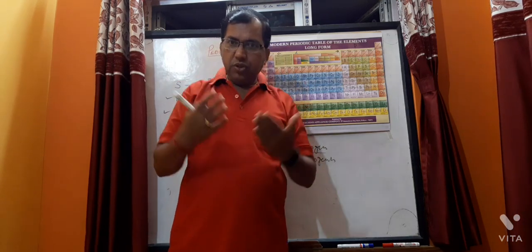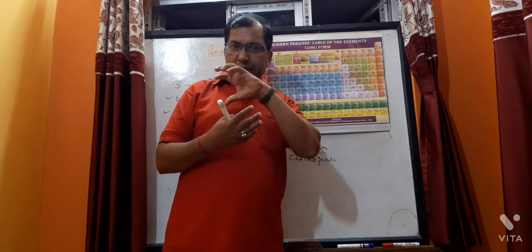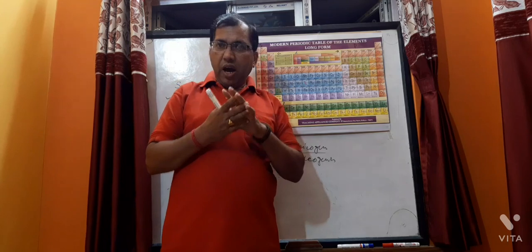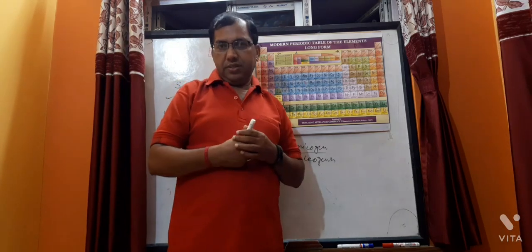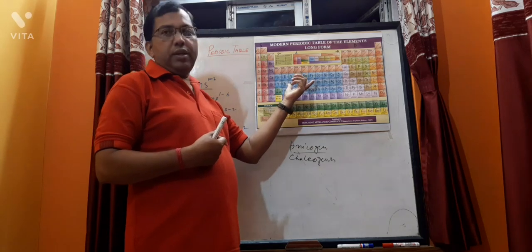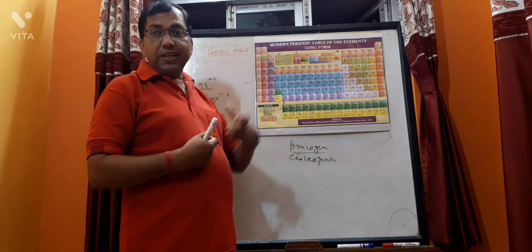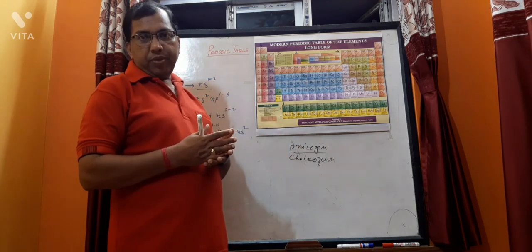They are also generally paramagnetic. Paramagnetic means presence of unpaired electrons in d orbitals. Paramagnetic in nature. Very important in case of d block elements. They are paramagnetic क्योंकि the presence of unpaired electrons in d orbitals.